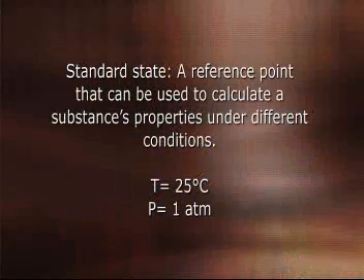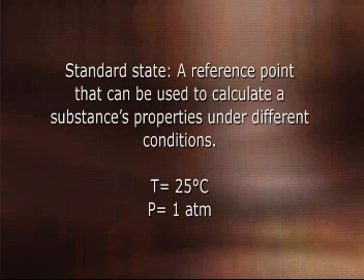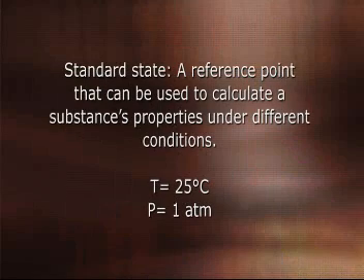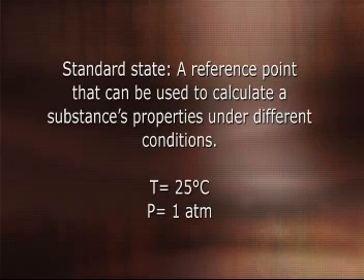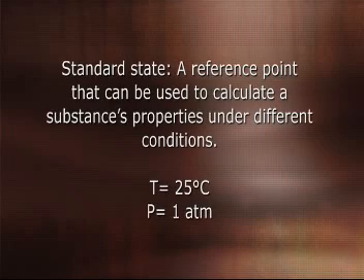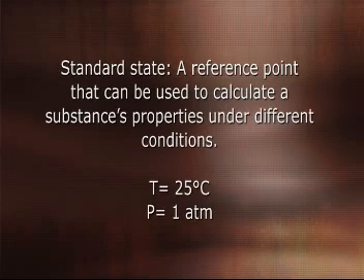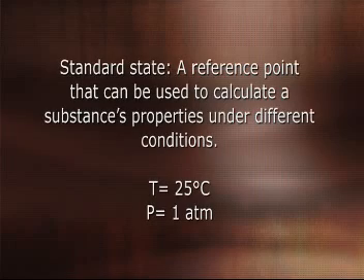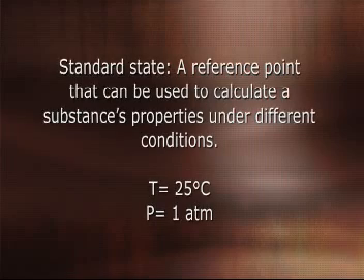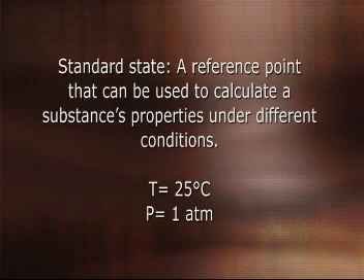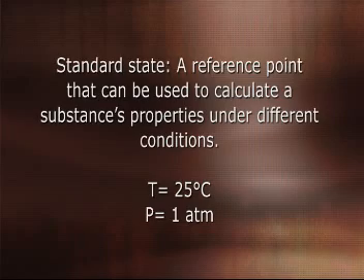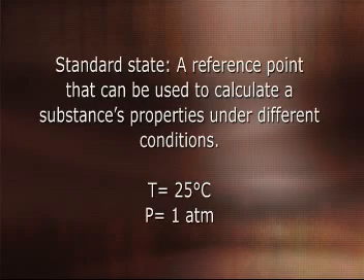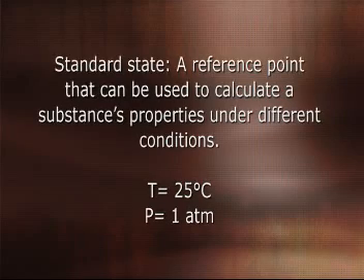The standard state of a substance is a reference point that can be used to calculate its properties under different conditions. The standard state is the most stable state of a substance at a temperature of 25 degrees Celsius and at normal atmospheric pressure.